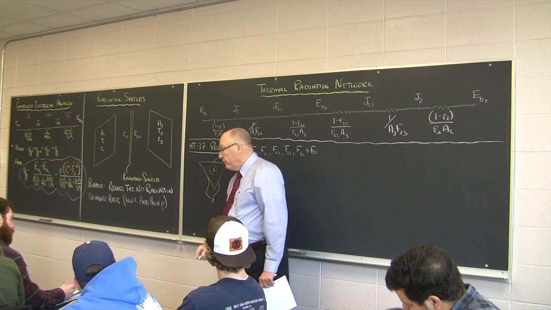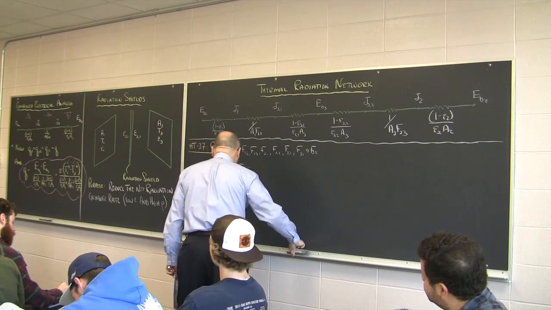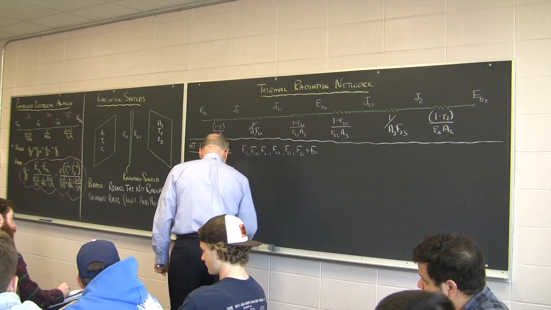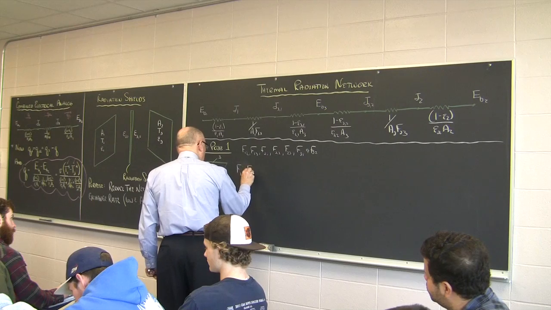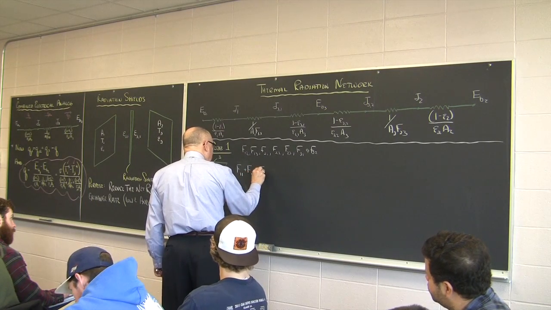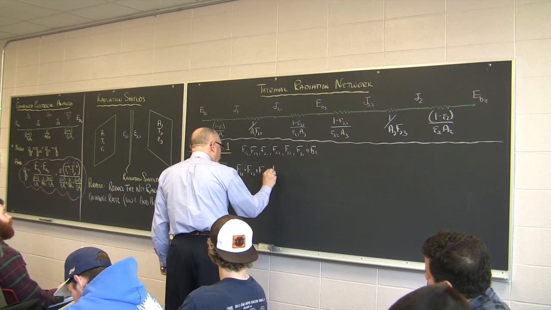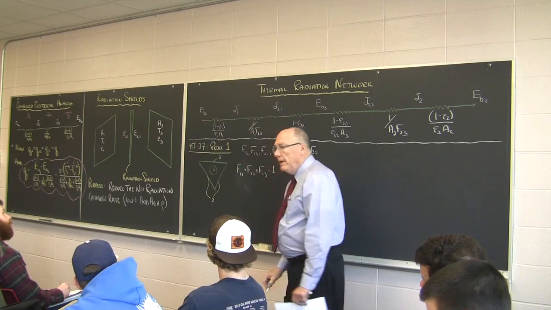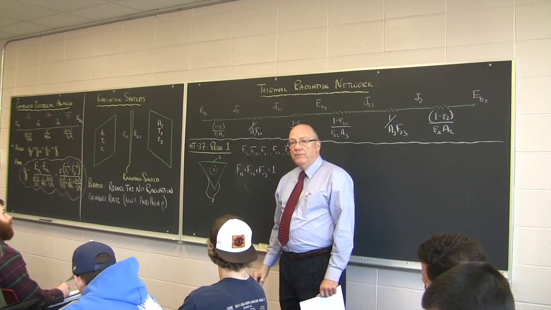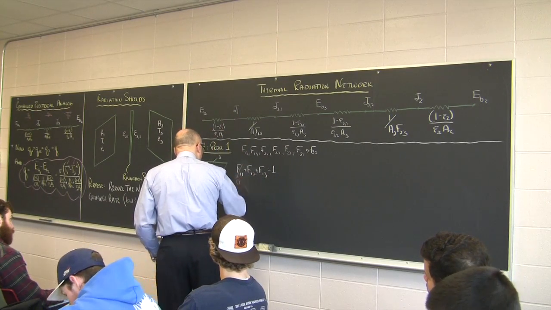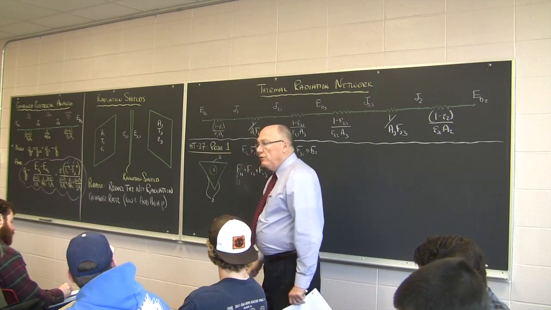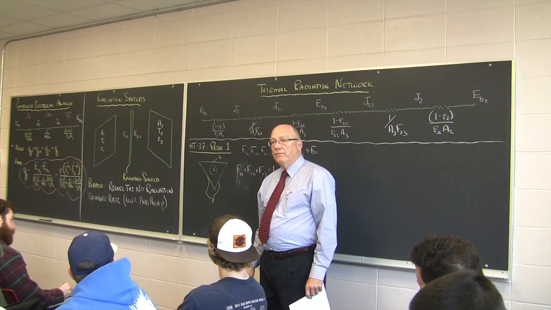Well, let me ask you a question. Let's go back a second. F1 to 1 plus F1 to 2 plus F1 to 3 must be equal to 1. Can surface 1 see itself? No. How does that pipe see the surfaces? Equally.